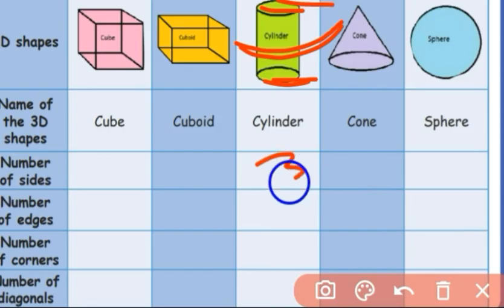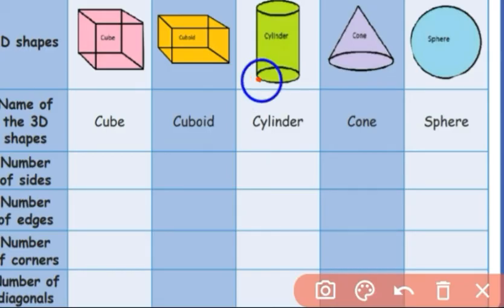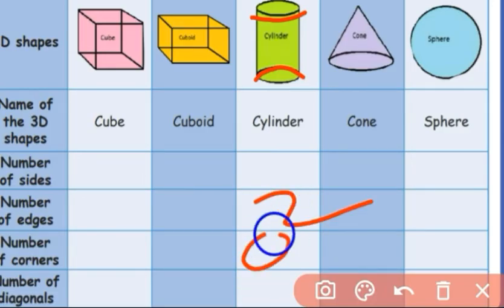So, number of sides is 3. Number of edges is 2. Number of corners, there are no corners and no diagonals.